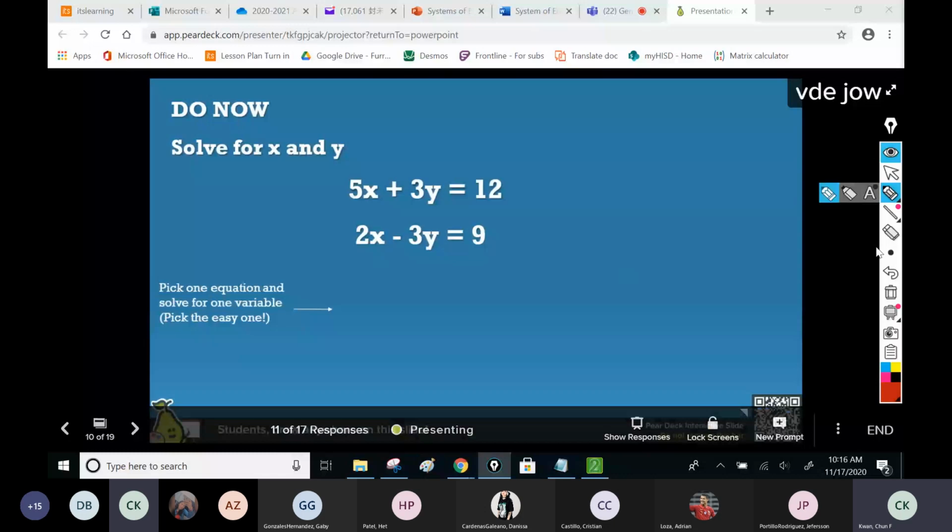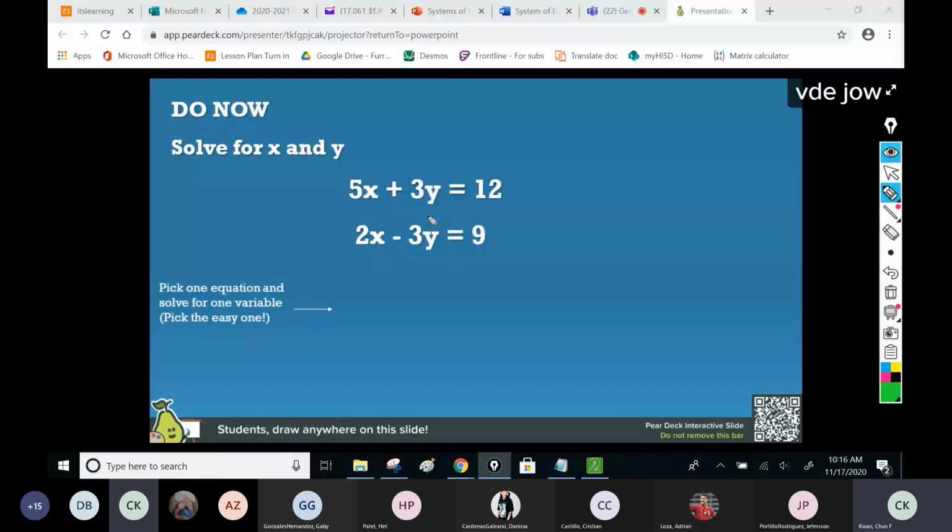If I want to solve for y, this is what I'm going to do. I'm going to put this negative 3y to the right, so I need to do a plus 3y on both sides. Then the minus 3y and plus 3y will cancel out, and you'll have 2x equals 9 plus 3y.